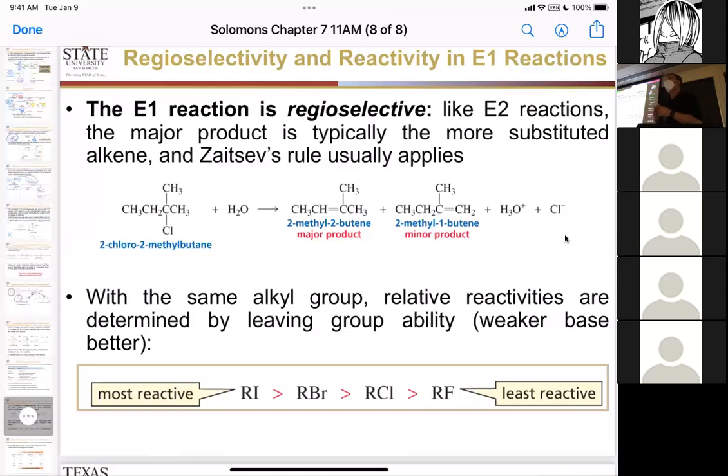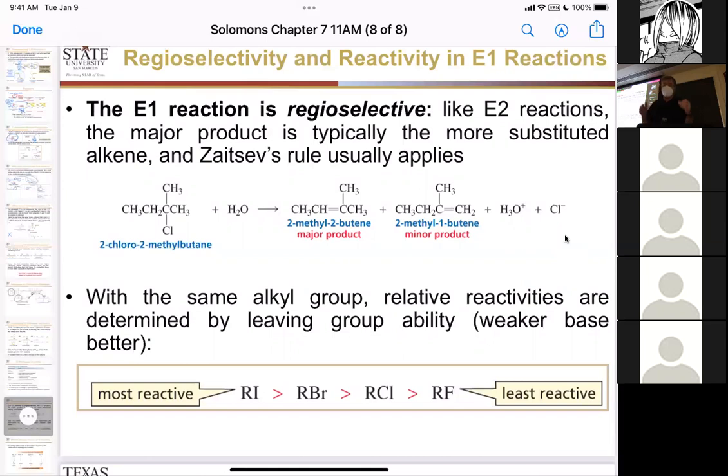Okay, and like in an SN1 reaction, iodine is a bigger, longer bond, and therefore it reacts faster. It's easier to take that off and form that carbocation. So iodine reacts faster than bromine, reacts faster than chlorine, and chlorine is very hard to do. So we're following that same thing. The biggest, longest, weakest bond is easiest to break.